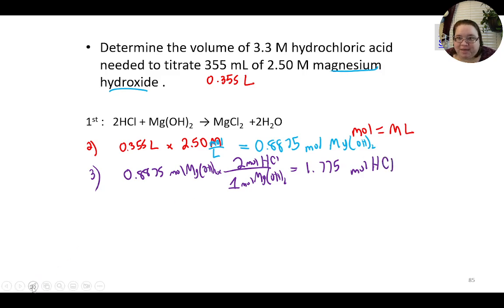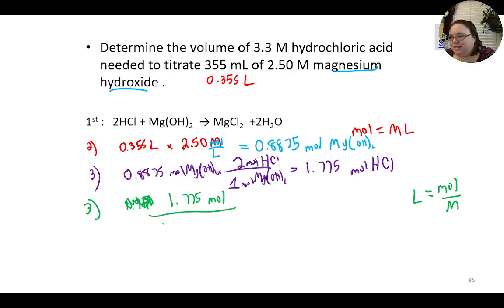So I know my moles of acid. Now I need to find my volume. So liters equals moles over molarity. So my liters is going to equal my 1.775 moles divided by the molarity of the acid in the problem, 3.3 molar.